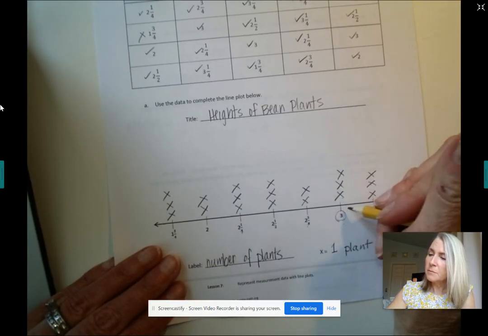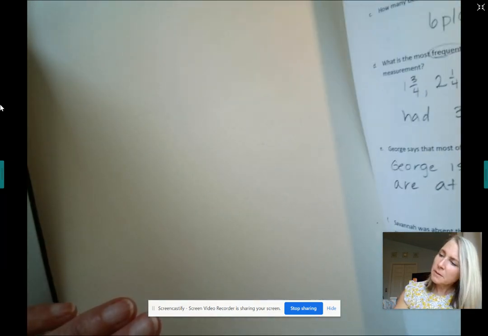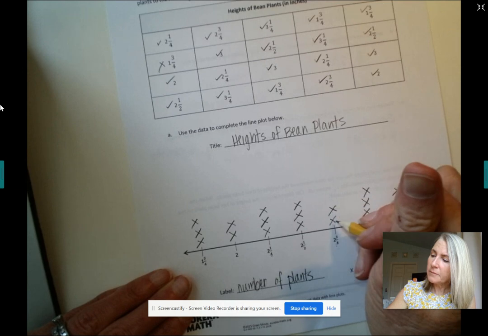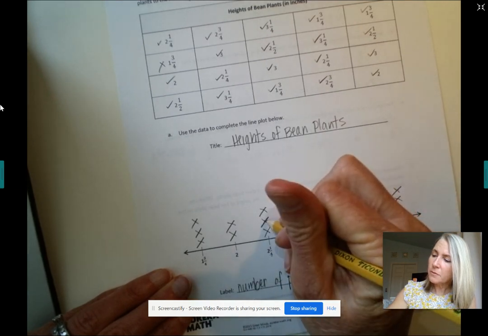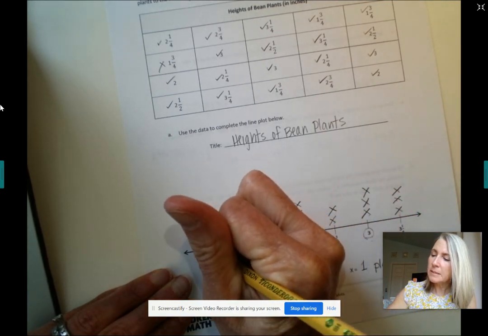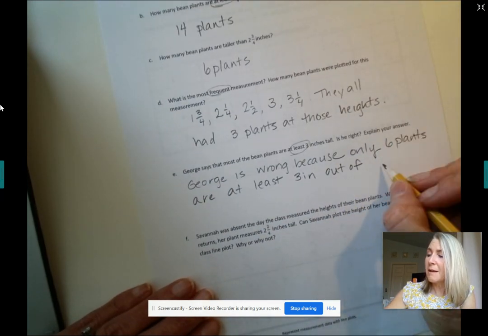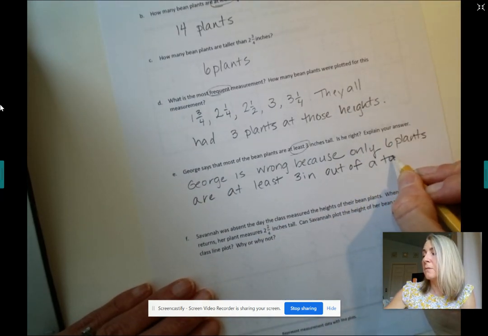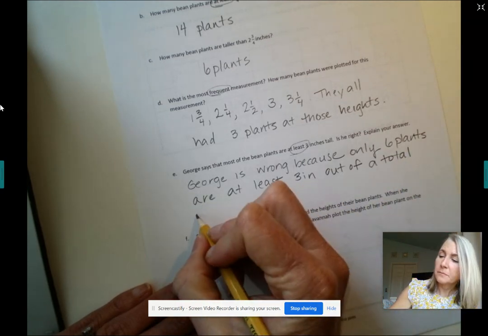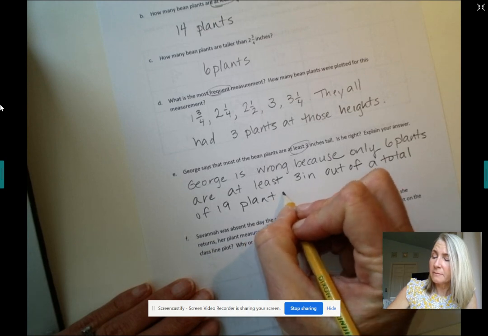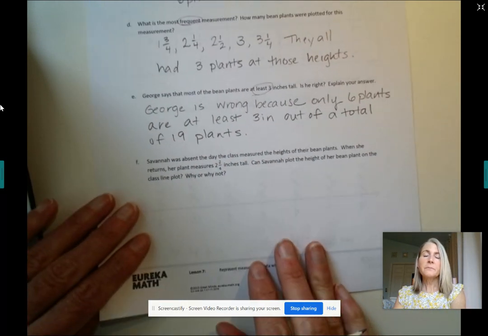We had 6. Did we already count these up somewhere? I feel like we did. No. 6, 7, 8, 9, 10, 11, 12, 13, 14, 15, 16, 17, 18, 19. So only 6 plants are at least 3 inches out of a total of 19. Right? So that's not even half.